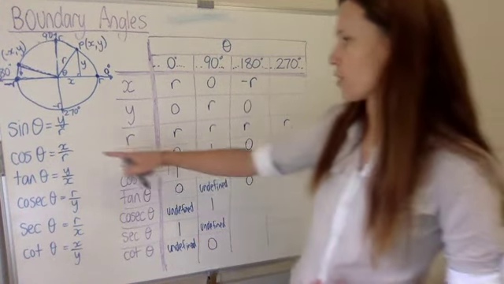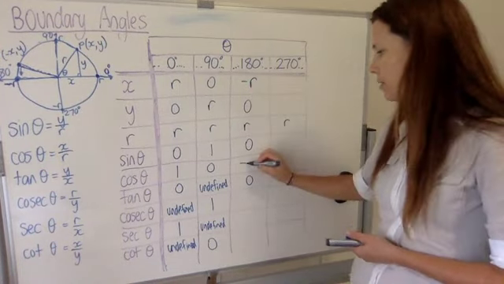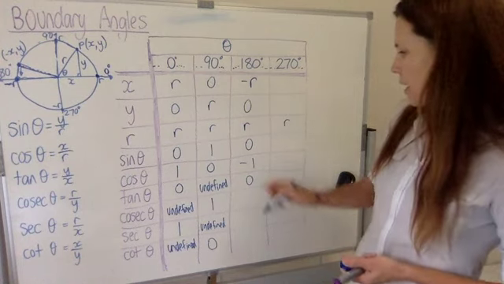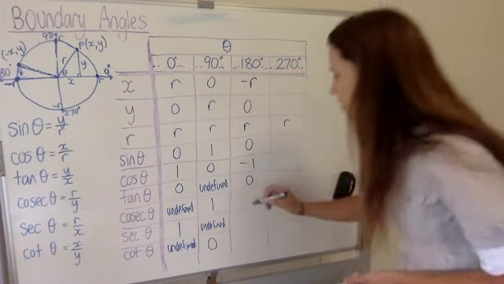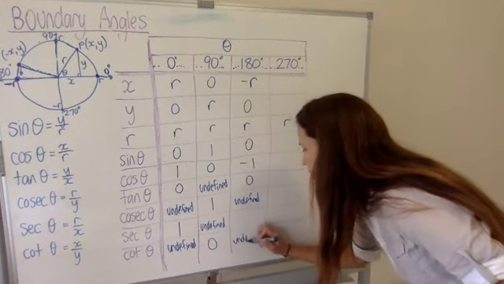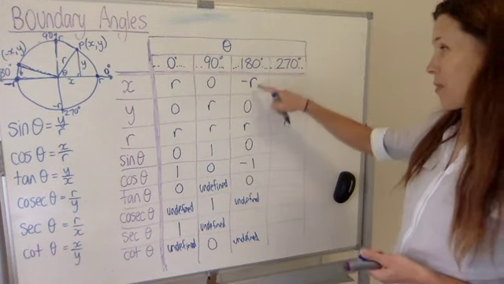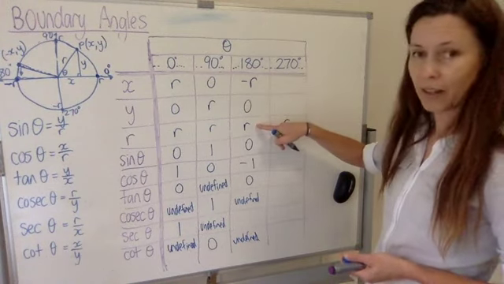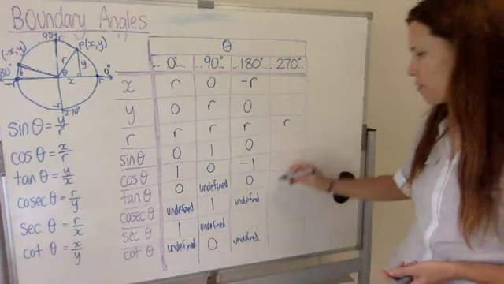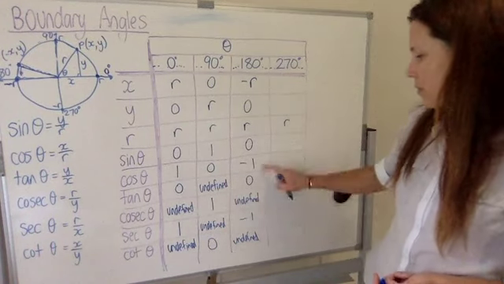For cos, we've got x over r, and because x is negative now, minus r over r is minus 1. And now when we do our reciprocal functions, the zeros become undefined. And minus 1 was that way because we did minus r over r. We'll get the same answer if we do r over minus r. It's still minus 1. And that was the same thing as what happened here with our 1s.